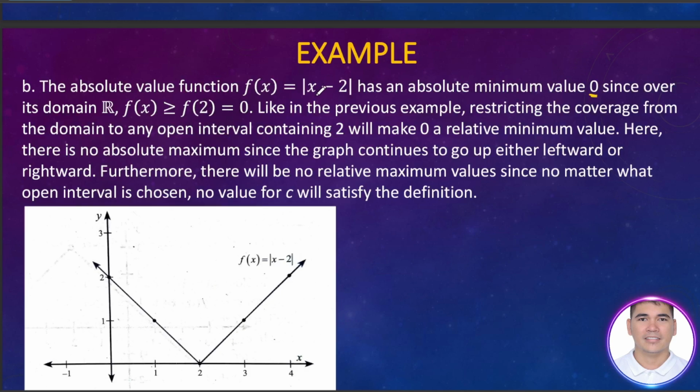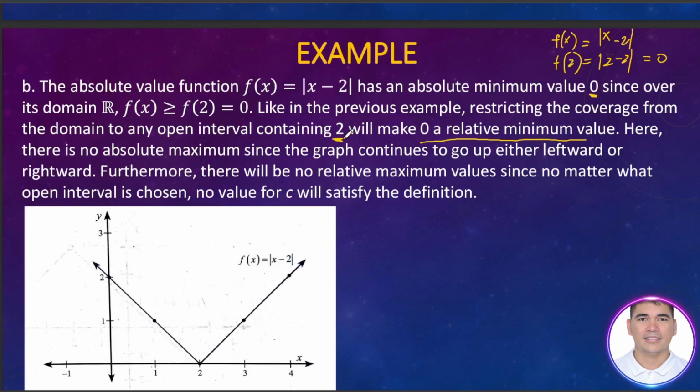As you observe, if you insert f of 2, 2 minus 2, the answer is 0. Restricting the coverage from the domain to any open interval containing 2 will make 0 a relative minimum.